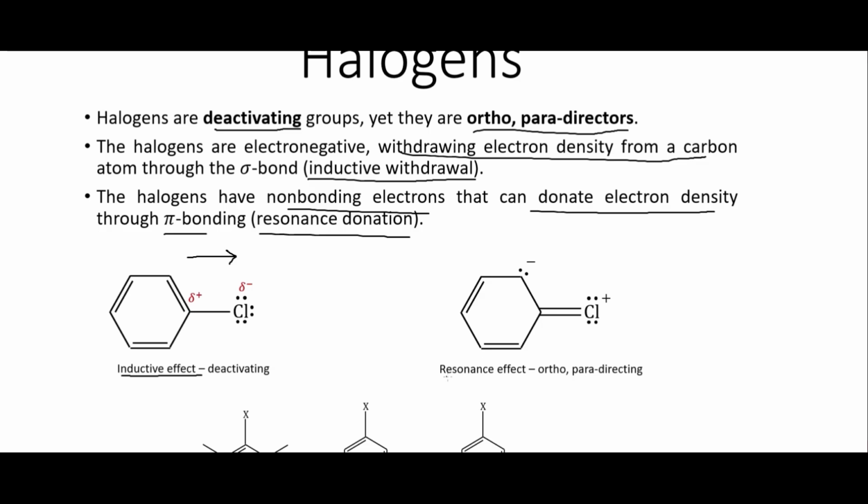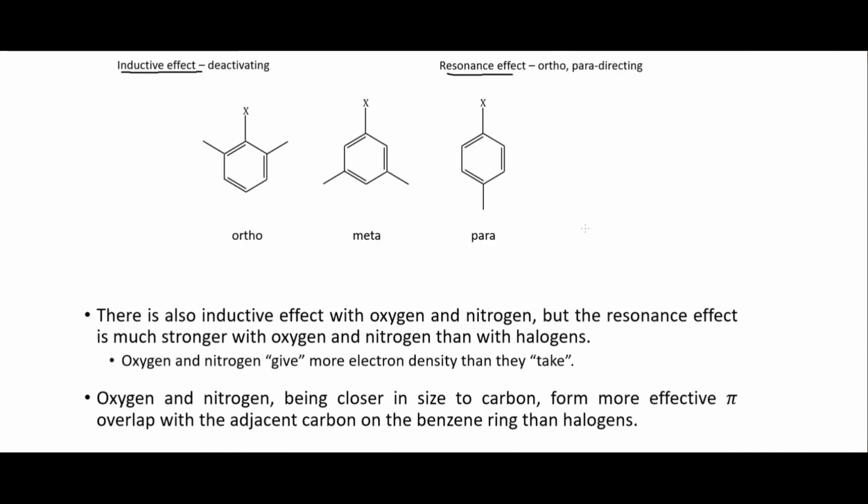But we have the resonance effect here, so we can have one of the electron pairs move down to form this double bond, and now we're ending up with electron density going into the ring. So what's going to happen is that this is going to, as I said, be deactivating, but it's going to be ortho and para-directing. So this is going to be more likely to put it onto the ortho carbons right here or onto the para carbon right here.